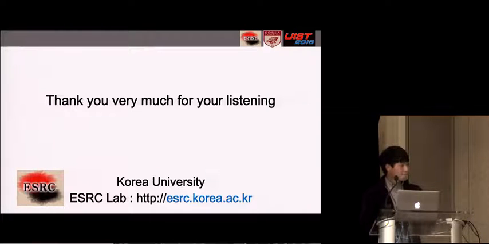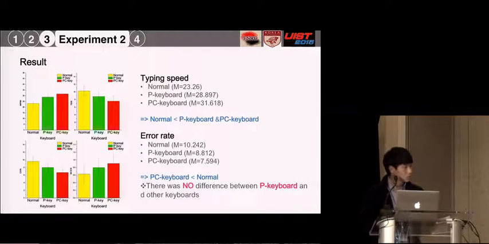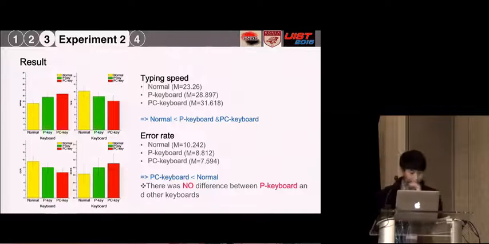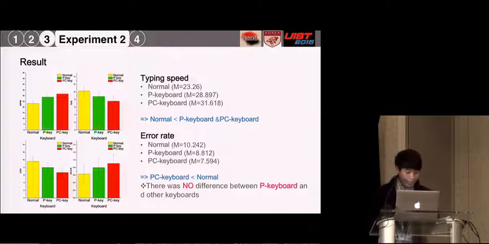I guess I have a question, actually. Something interesting came up in your results. The non-corrected error rate seemed like it was actually higher for your PC keyboard compared to the other conditions. Can you maybe comment on why that might be? I think it's the bottom right graph. Yeah, it seemed like the non-corrected error rate was a bit higher.